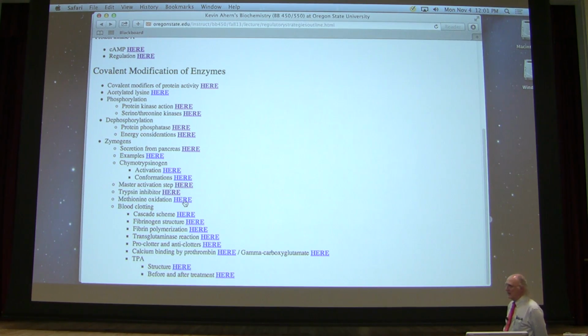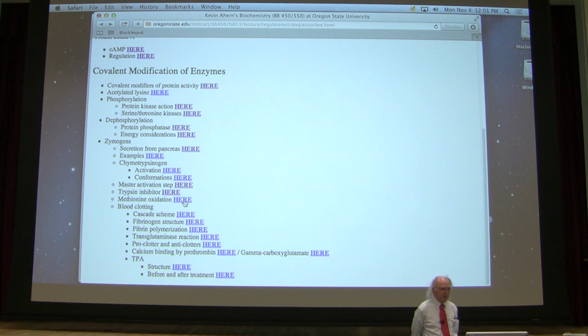You'll see that also today in something else I'm going to show you that has some more important relevance for smokers. And I'll talk about that in just a little bit. But before I do that, I do need to finish up talking about some of the covalent modifications that occur with respect to proteins. So that's something we need to keep in mind.